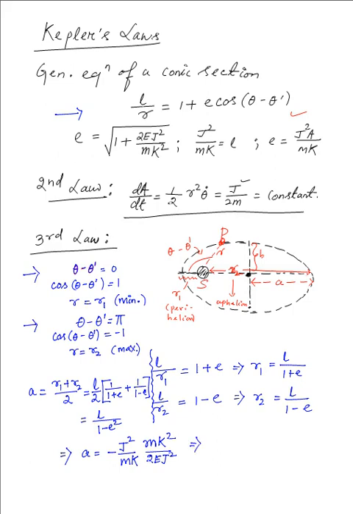That will imply A to be equal to, well, you can see that the j squared terms get cancelled out, the m term gets cancelled out, one of the k's is cancelled out, so we are left with A equal to minus k divided by 2E, or we can say that the total energy is equal to minus k divided by 2A.